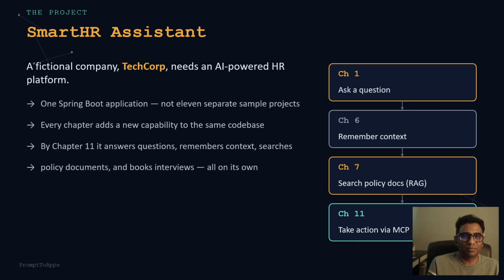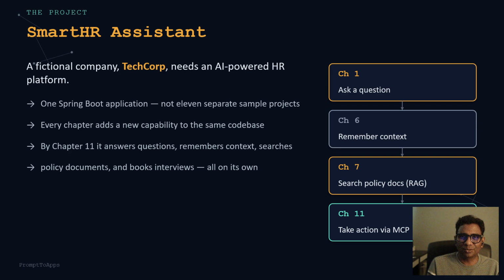I have TechCorp, a fictional company, and the HR manager wants a smart HR assistant to be built so that it answers employee questions. So it's a simple Spring Boot application, which is going to talk to a large language model and answer queries from the employees.